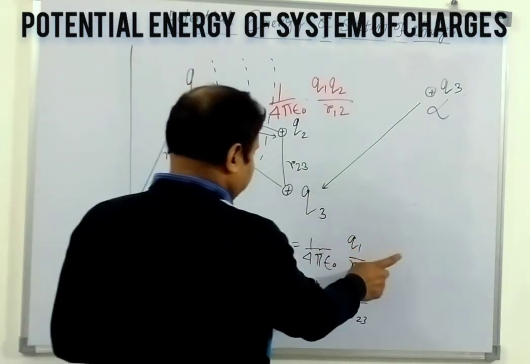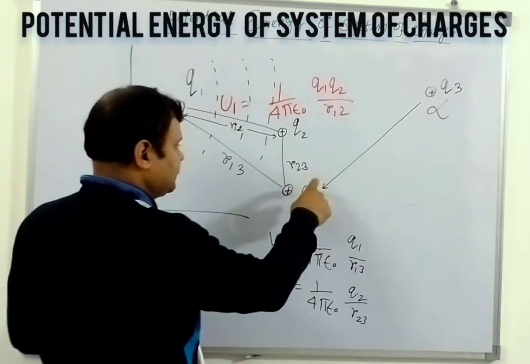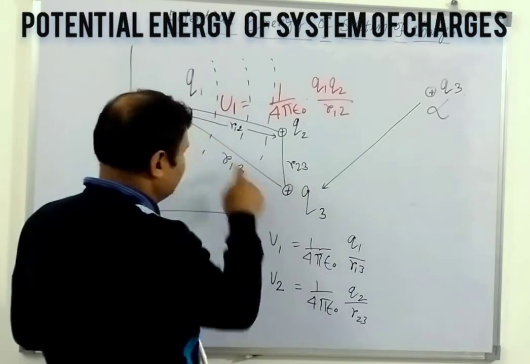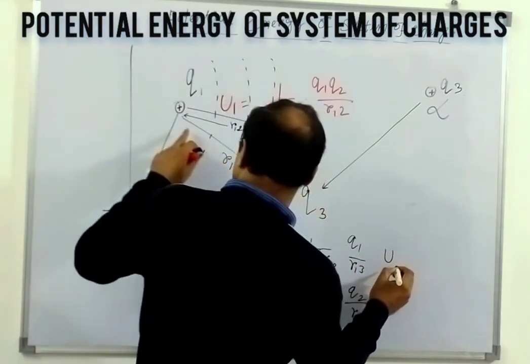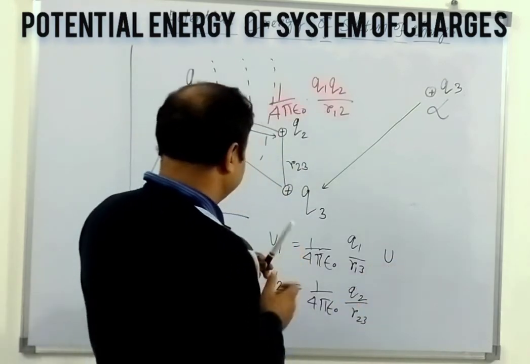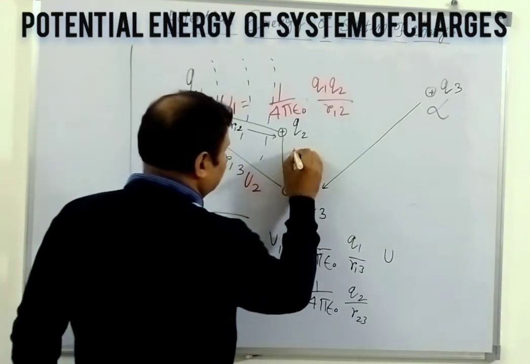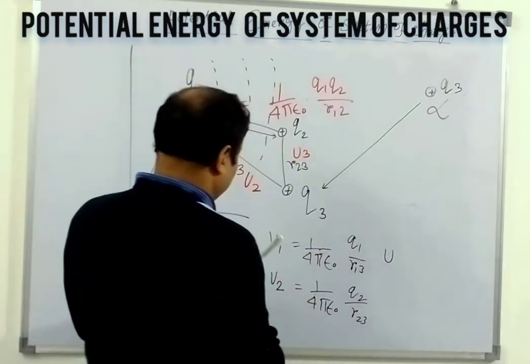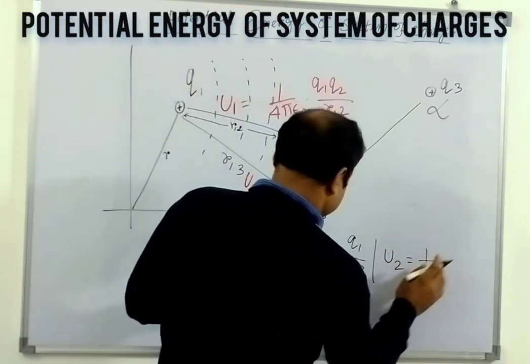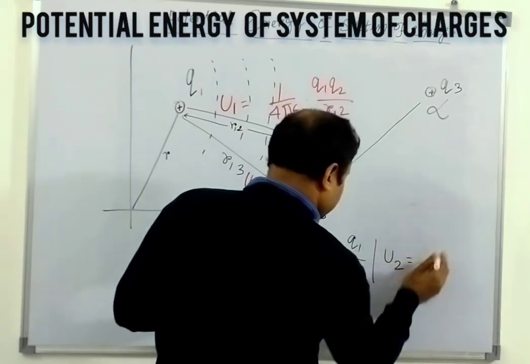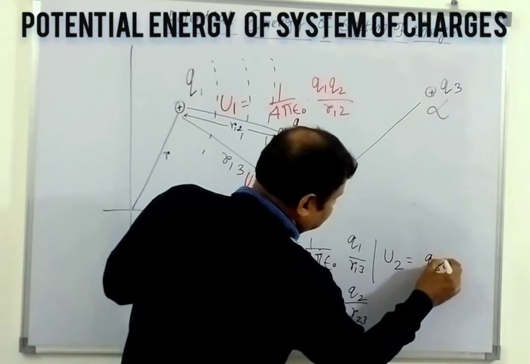So this external work, or internal energy, will be gained by this Q3 charge due to the potential V1. Suppose we define this internal energy as U2, and this one as U3. So U2 will be Q3 into the V1 potential.